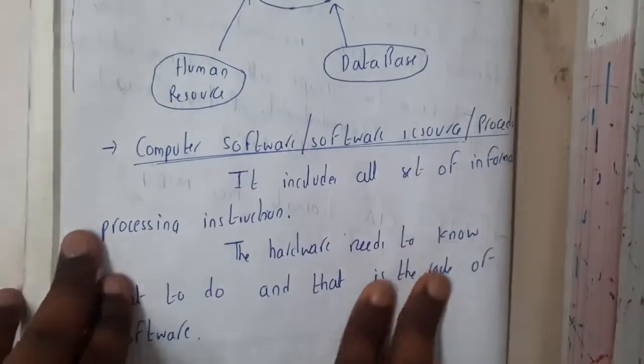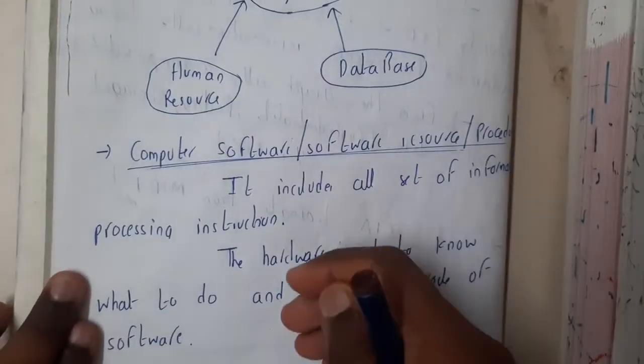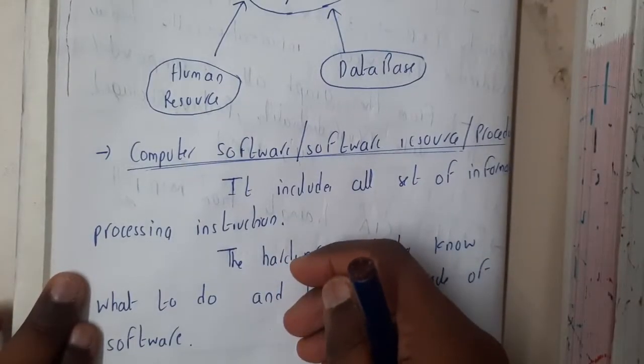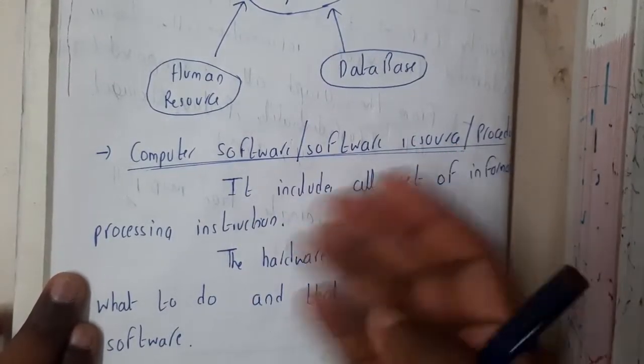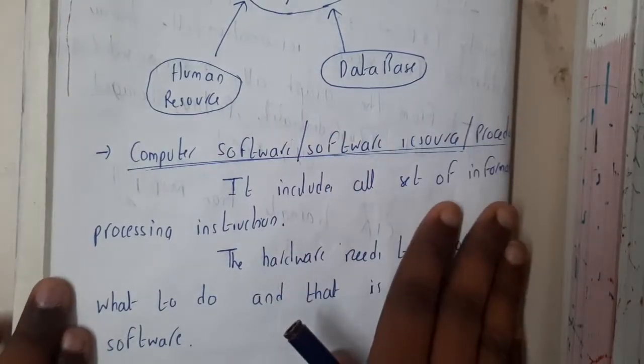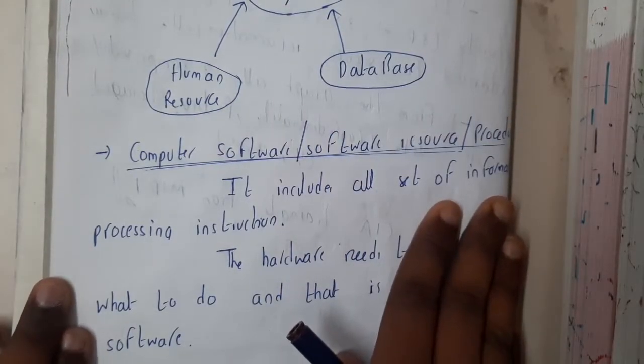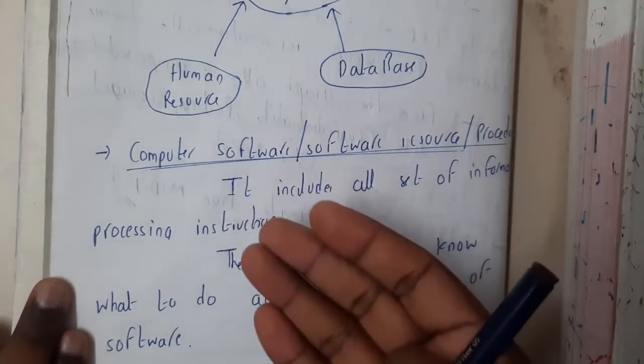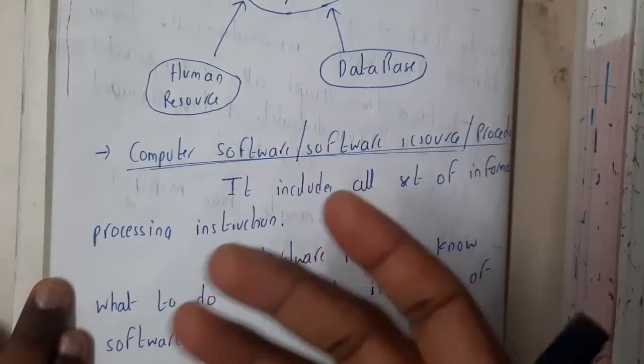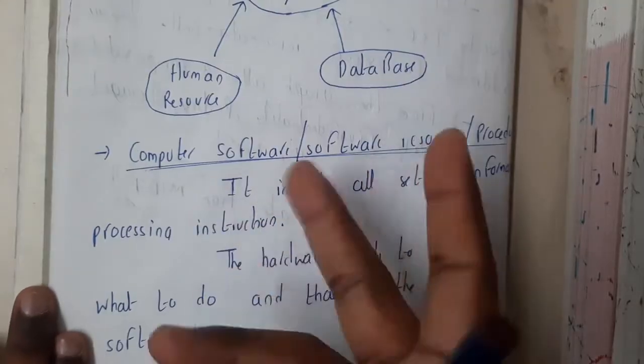Now let us move to software. Can hardware run on its own? If I have some RAM, can it start working on its own? No. And will only software work? In some situations it might, but it also needs hardware. Hardware and software are like friends; without each other they cannot run.